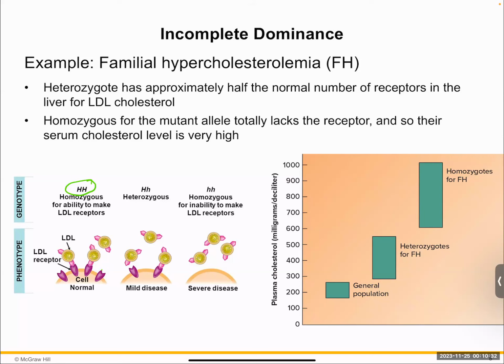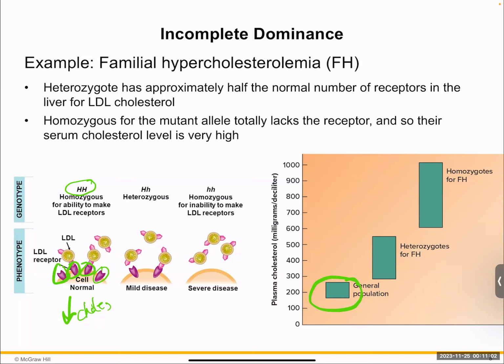You have the correct number of receptors that allow the bad cholesterol, or LDL cholesterol, to attach and be brought into the cell. This causes a low level of cholesterol in your bloodstream, which is what we typically want. This is the general population, with a number under 200 for a typical population.